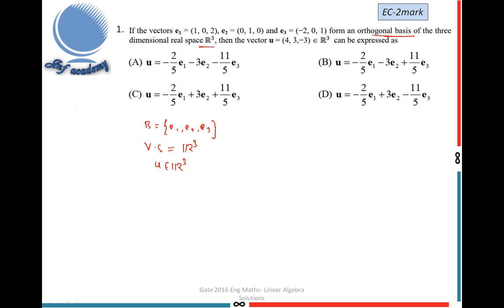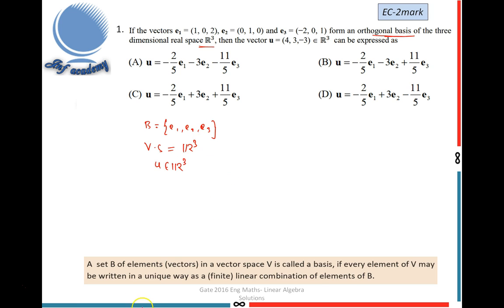Here I use one result: a set B of elements, also vectors, in a vector space V is called a basis if every element of V may be written in a unique way as a linear combination of elements of B. Here basis B is given, the vector space is given, and a vector belonging to the vector space is also given.